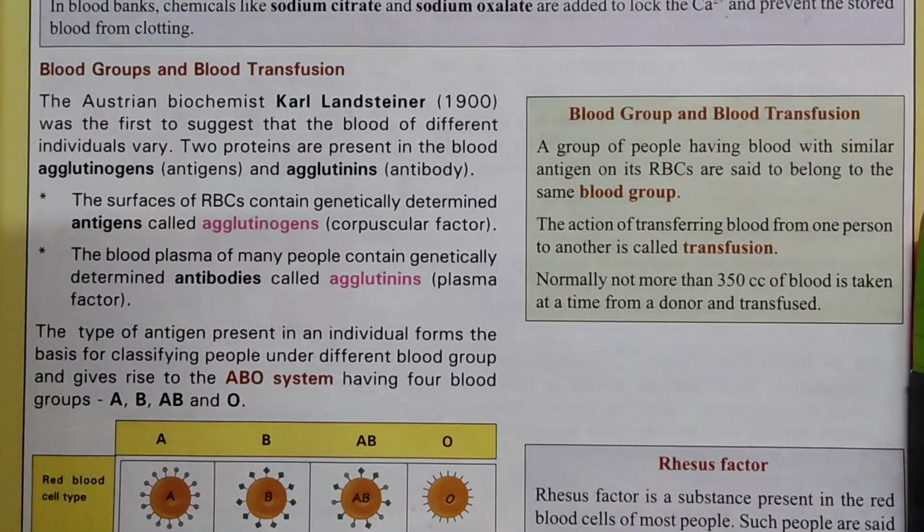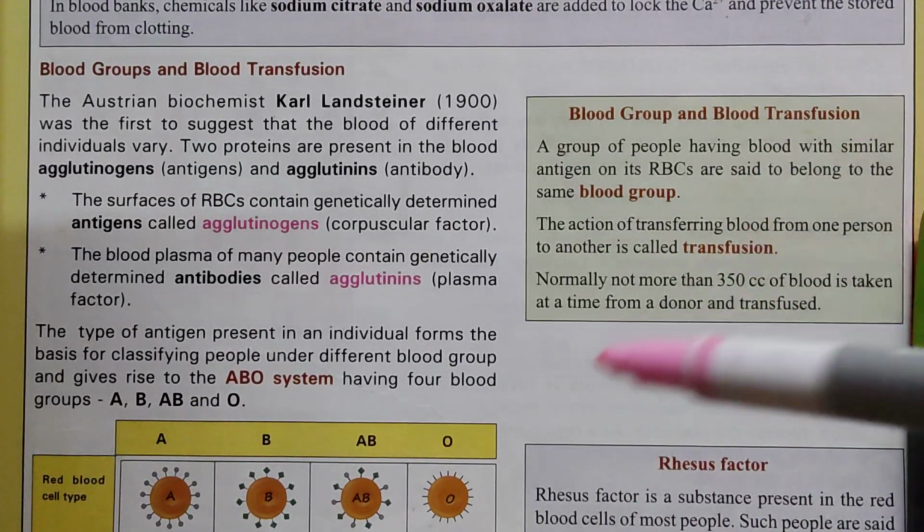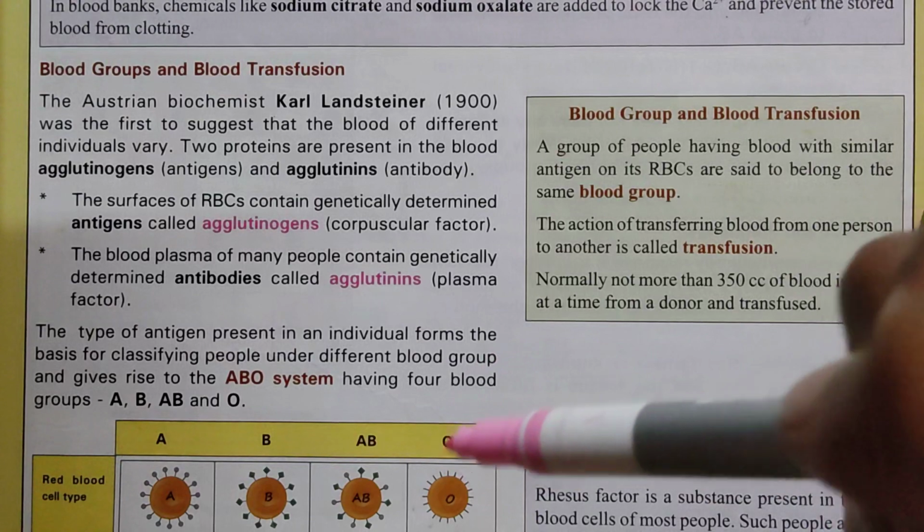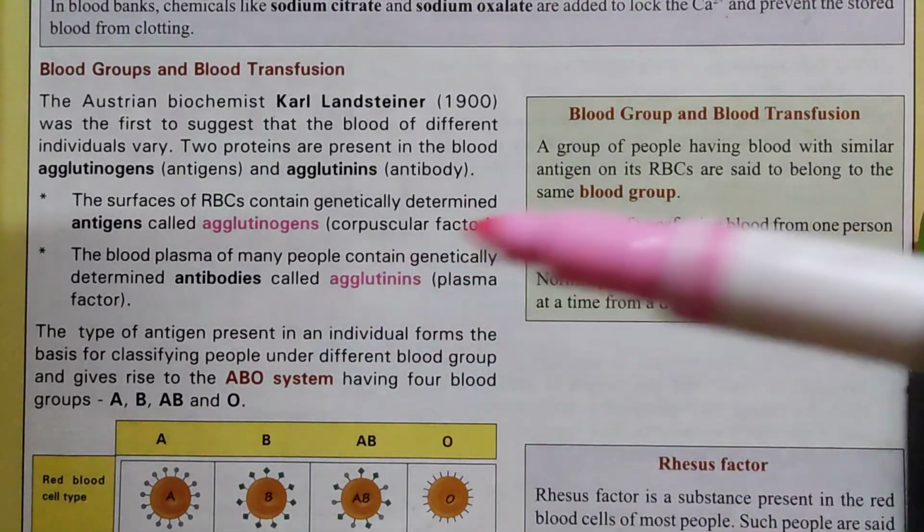So if a question comes where we find the corpuscular factor, you will say RBC, and where we find the plasma factor, you will say the blood plasma. In the RBC, the corpuscular factor is known as agglutinogens, also known as antigens, and in the plasma, the plasma factor is known as antibodies or agglutinins.